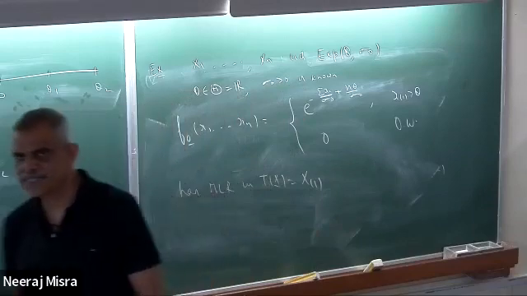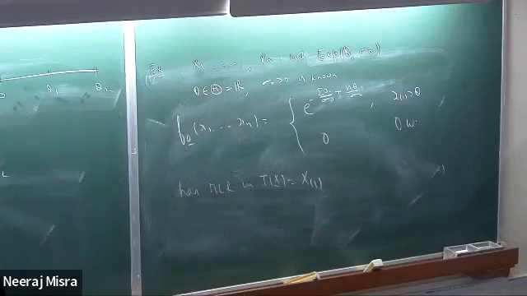So through these various examples, we saw that most of the distributions which we have encountered so far have MLR. Of course, there are distributions which don't have MLR in any statistic. For example, the Cauchy distribution.